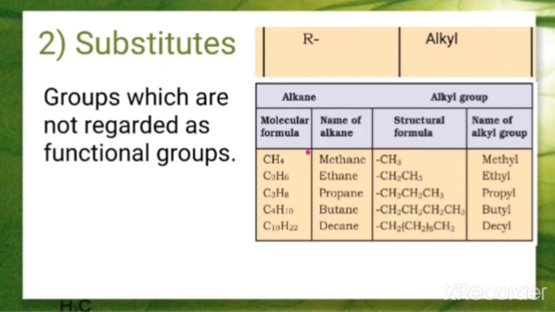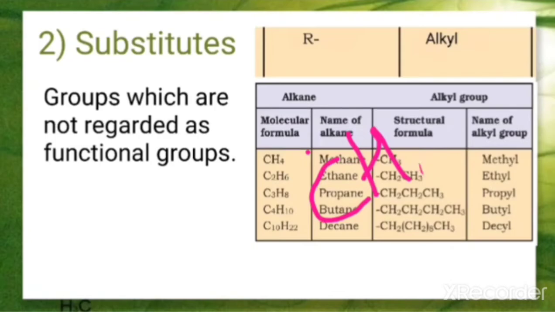Methane, the formula is CH4, that is methane. Methane is an alkane, that means it is a molecule, an organic compound. But if I'm saying a group, then I have to remove one hydrogen from here.